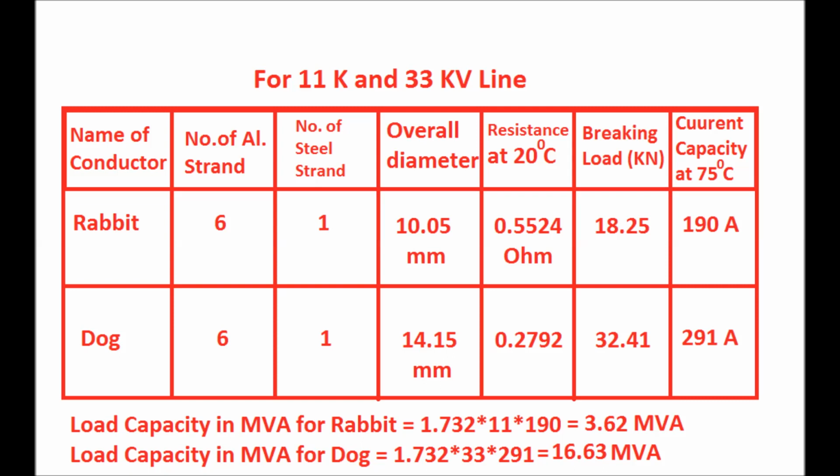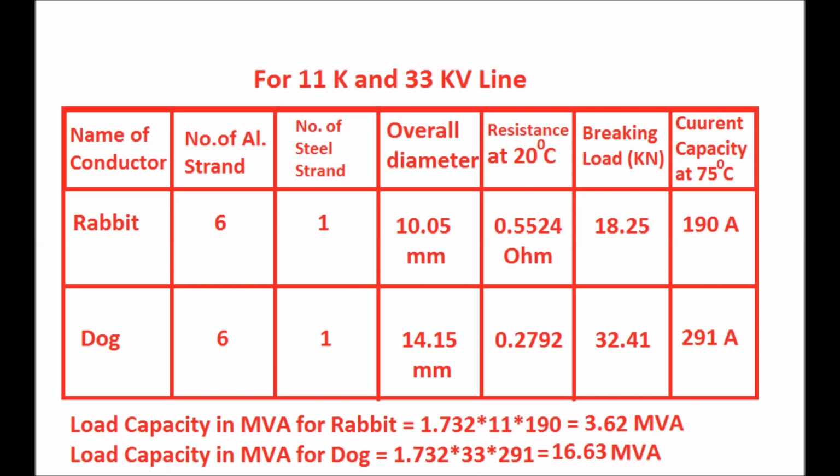So the load capacity in MVA for the dog conductor is 1.732 into 33 into 291, which comes to 16.60 MVA.